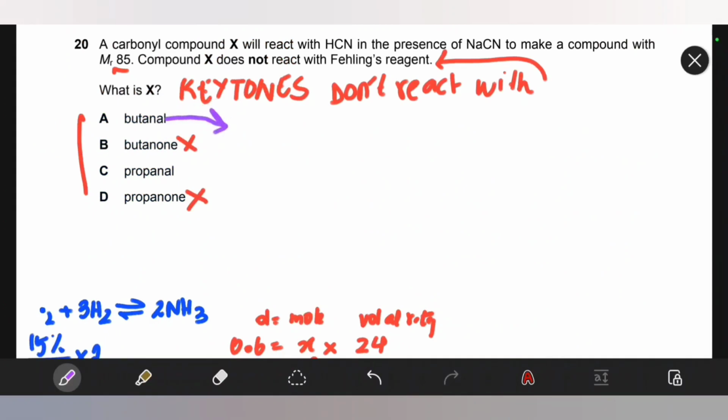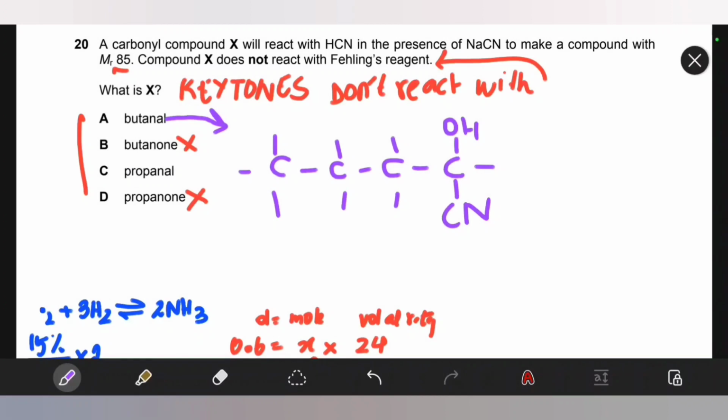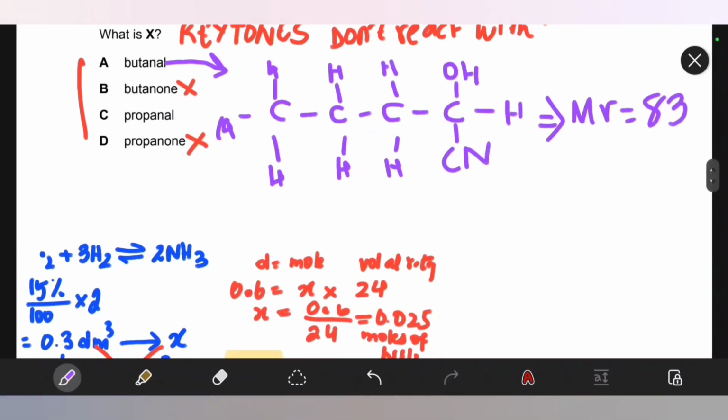The product of reaction with A would be just, these are showing all the H. This is the product of reaction with A. Now you can find out the MR for this. MR, it would be around 83.